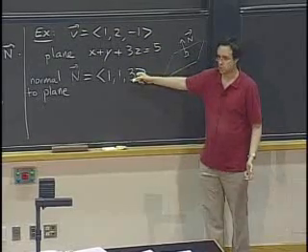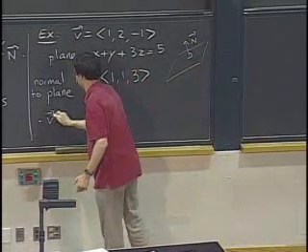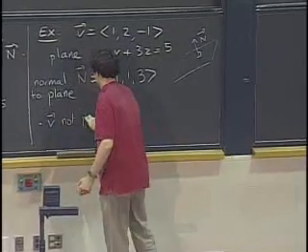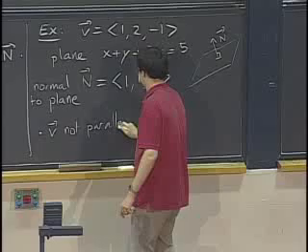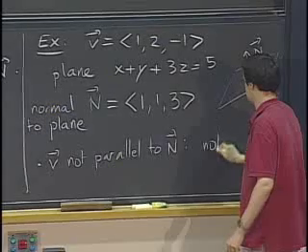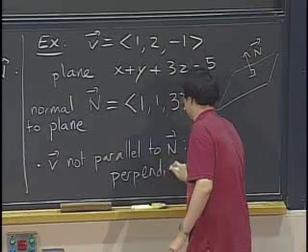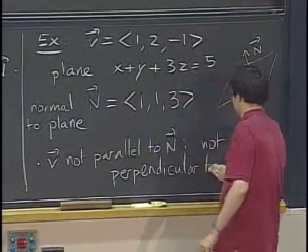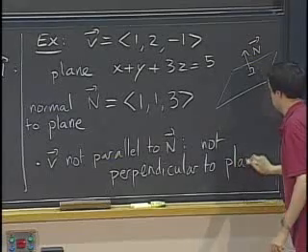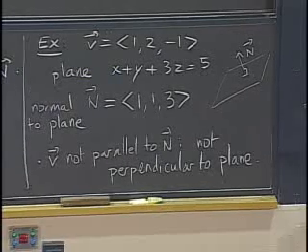So V is not perpendicular to the plane. Being perpendicular to the plane is the same as being parallel to its normal vector.